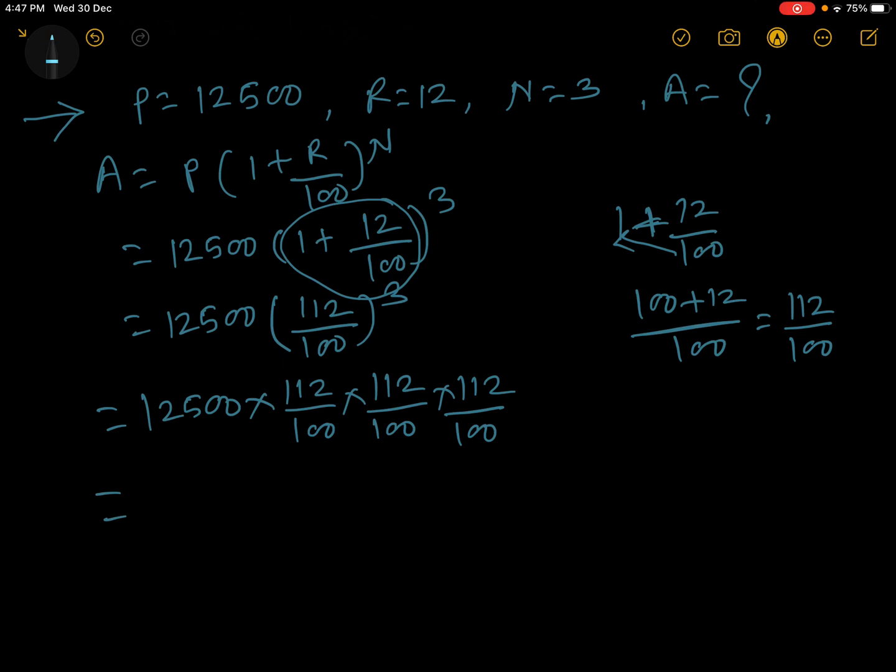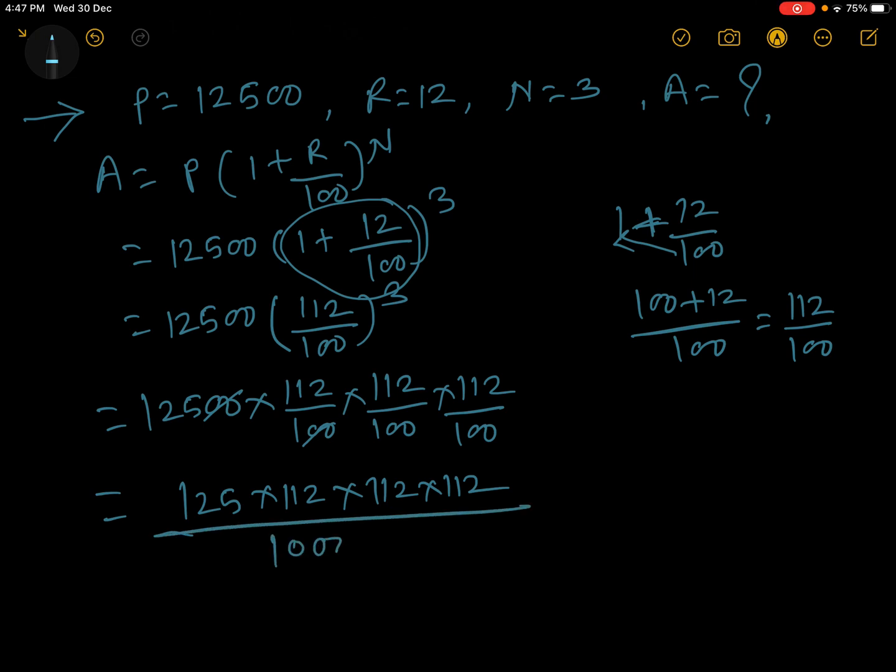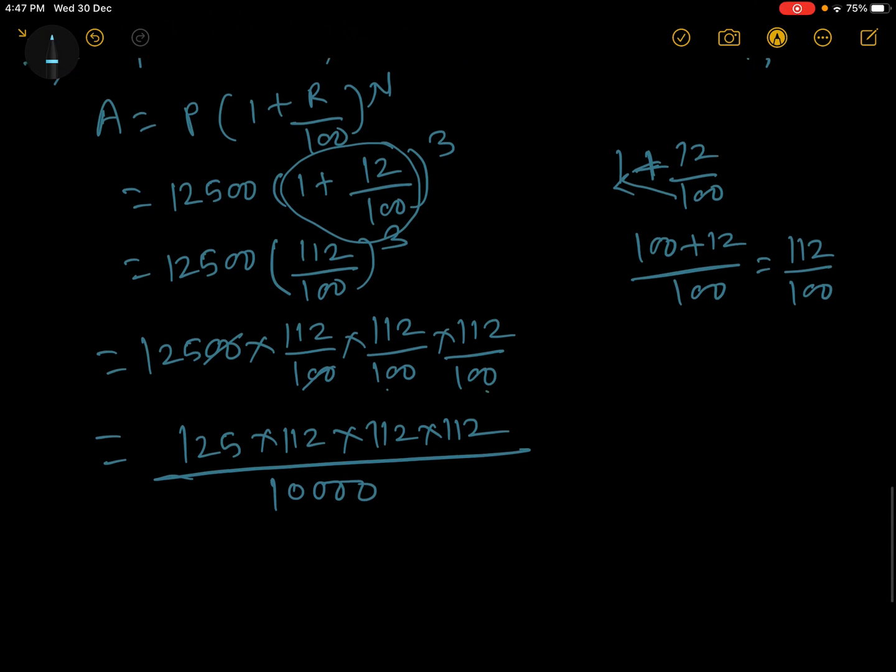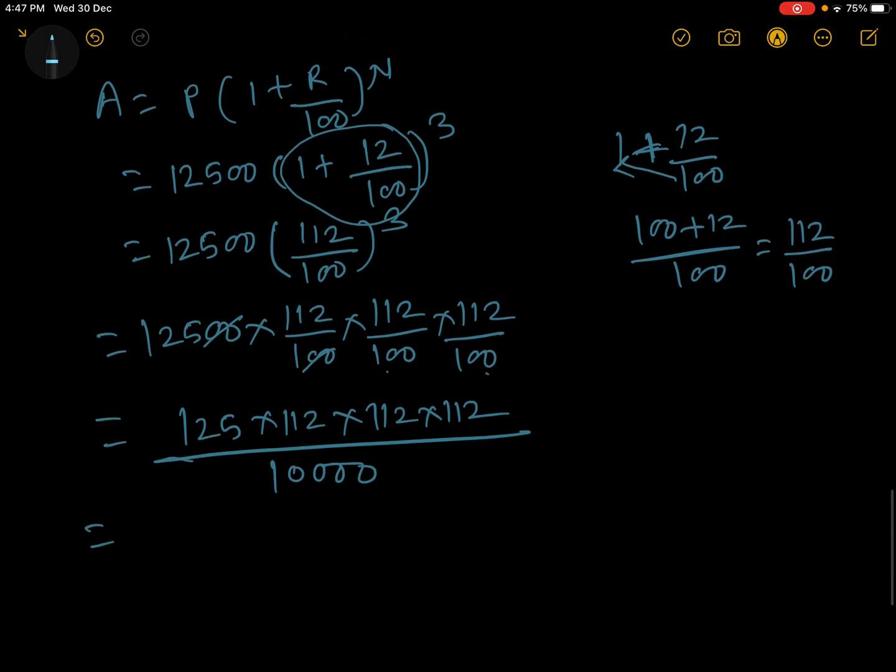It is equal to, 20 gets cancelled. Then 125 into 112, 112 into 112 divided by 1000. That means 100 into 100 will get 10,000. Then we divide these two terms. 125, here we get 80.